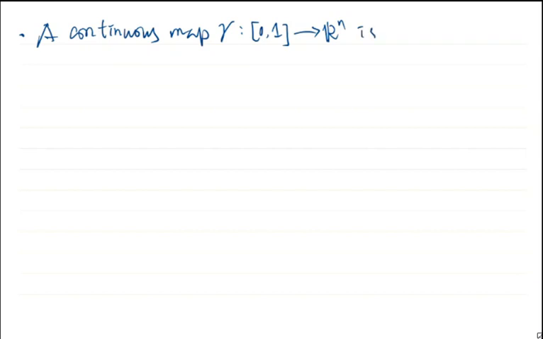Now we introduce an important definition. A continuous map gamma from the interval [0, 1] to R^n is called a parametrized path.